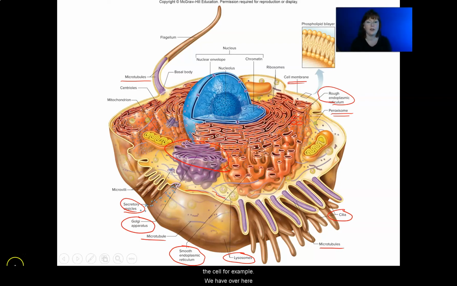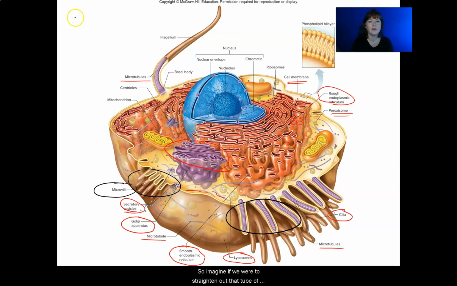We have over here microvilli. Now you'll notice the microvilli here are much shorter than my cilia, because microvilli don't move and they don't move stuff across the surface of the cell. Instead, what they do is increase the surface area of that cell so that we can have more contact with the outside. So for example, in your small intestines, you have a lot of food passing through that digestive tube.